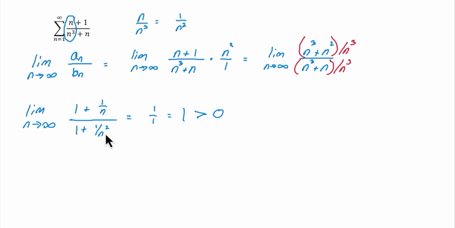So when we take a limit of a sub n divided by b sub n and we get a positive value, we know that both series are converging or diverging. So which is it? The sum as n equals 1 to infinity of 1 divided by n squared, that's going to be a p series.